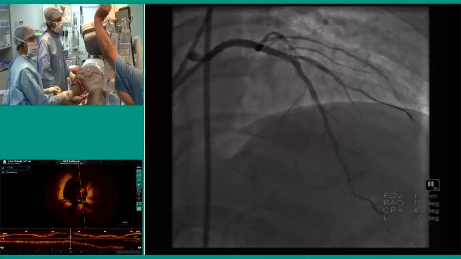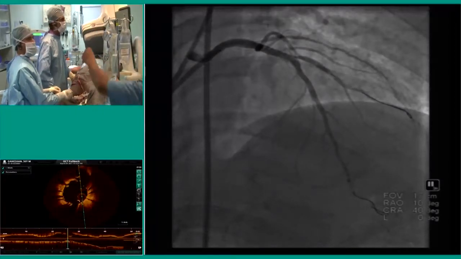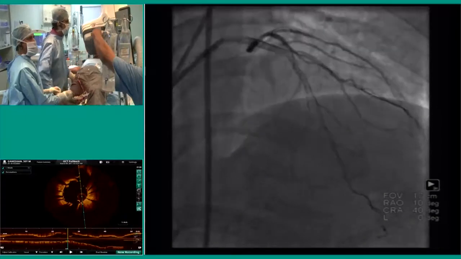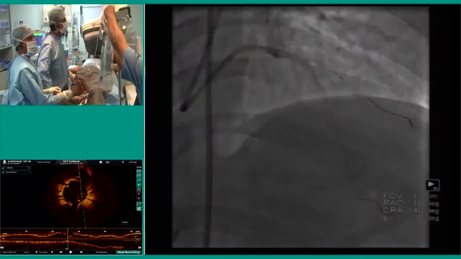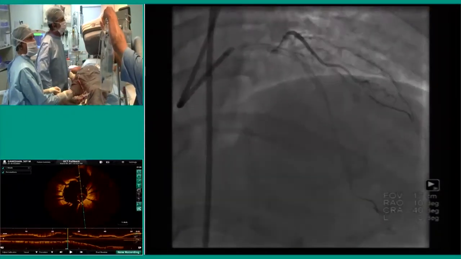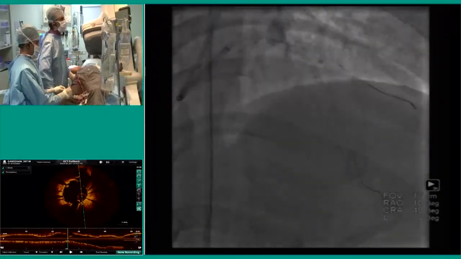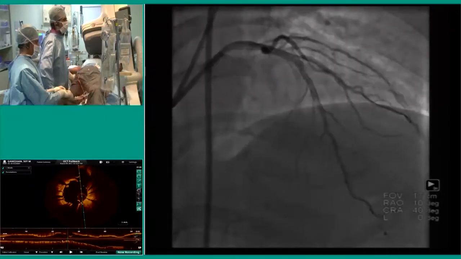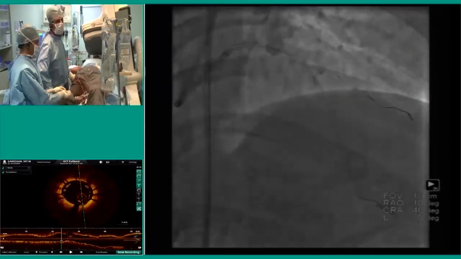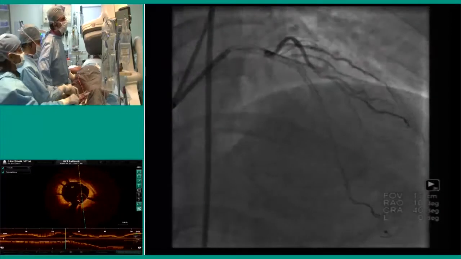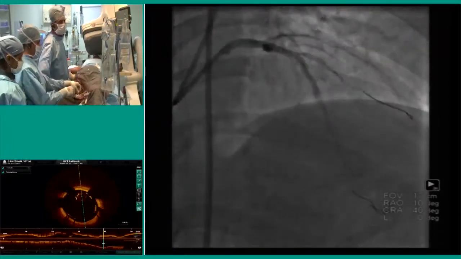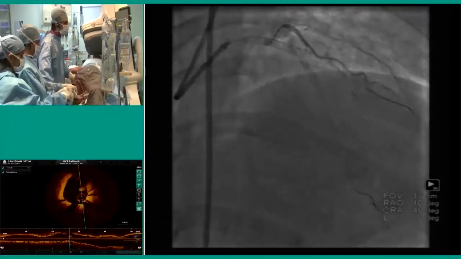We did a kissing balloon, which is optional in a single stent strategy, whereas in a 2-stent strategy it is mandatory. There is no significant plaque shift by OCT. And finally, OCT showed areas of malapposition, and we did a final POT and got an acceptable result.